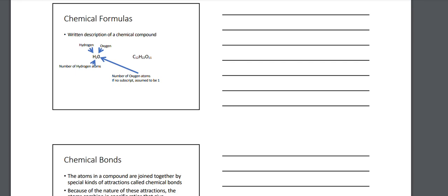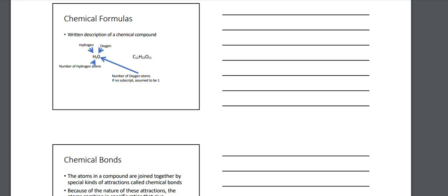So a chemical formula gives us the name of the compound as well as the number of atoms of each element in that compound. For instance, if you look at the water molecule, which has hydrogen with a subscript of 2, that means I have 2 atoms of hydrogen versus 1 atom of oxygen in a molecule of water.